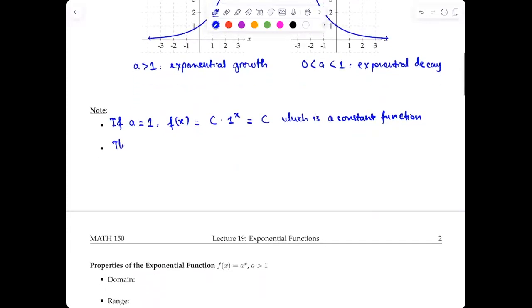So there is a big difference between y equal to a raised to the x. This is an exponential function. In this case, I just say capital C is equal to 1 for easy consideration. So here, a raised to the power x is an exponential function because x is in the exponent.